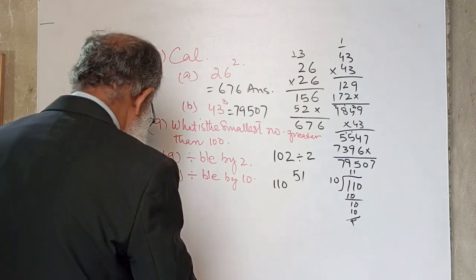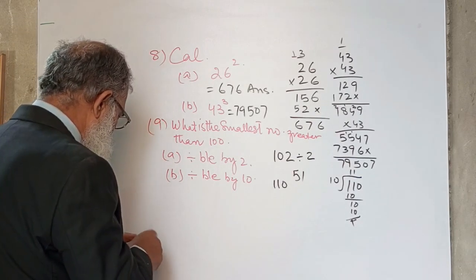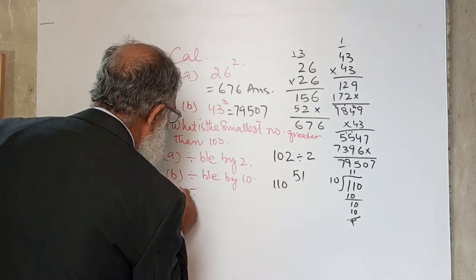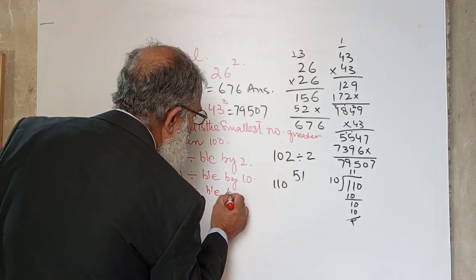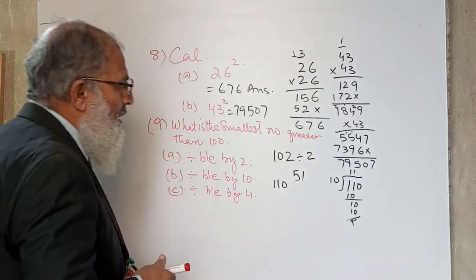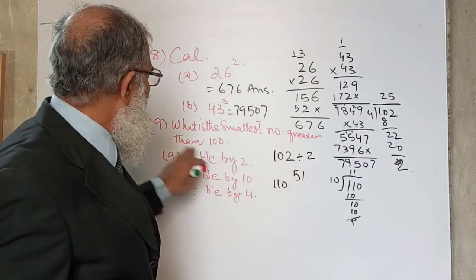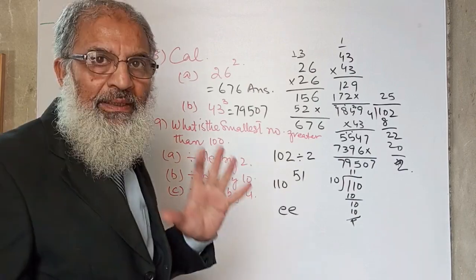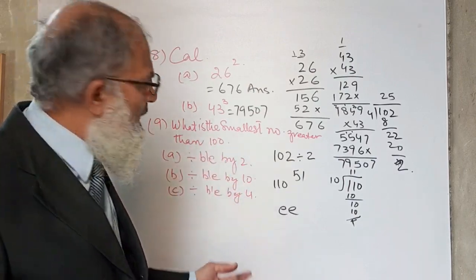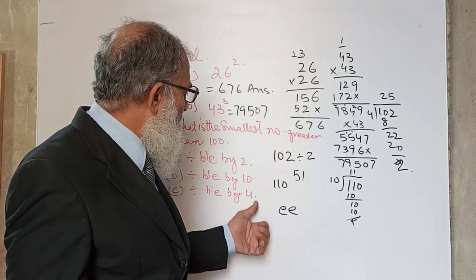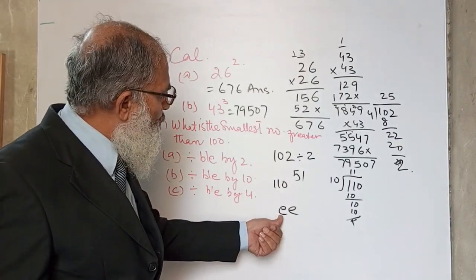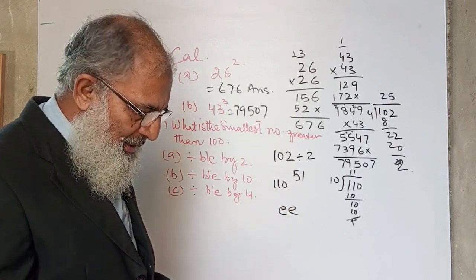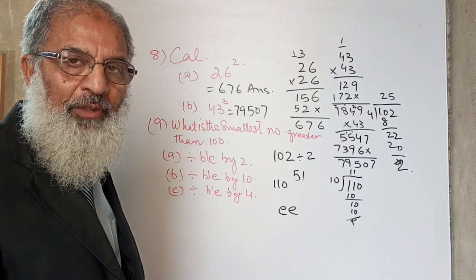Part C is divisible by 4. What is the smallest number greater than 100 which is divisible by 4? The test of divisibility says that a number whose last two digits are divisible by 4 is divisible by 4.